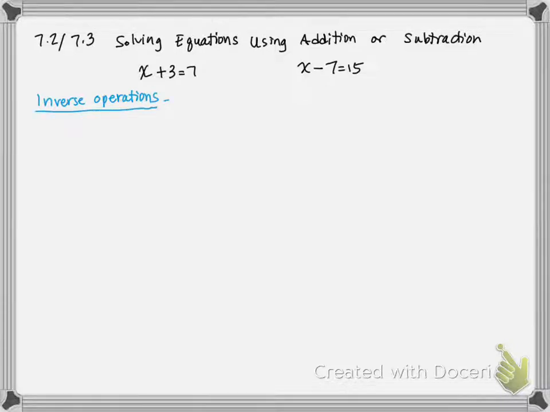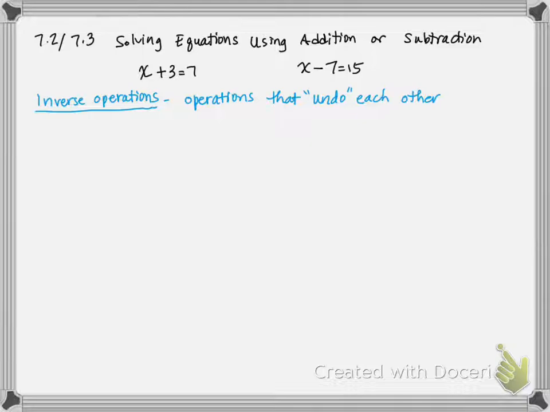Inverse operations are operations that undo each other. That's kind of an interesting word, but basically we're going to do an operation to get rid of something by undoing it.